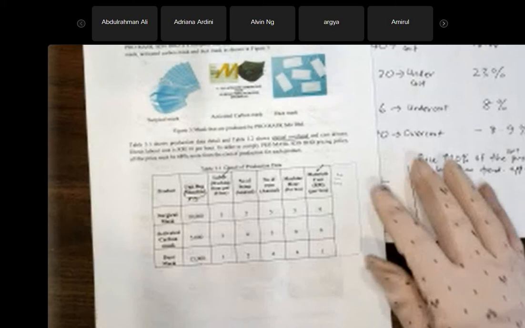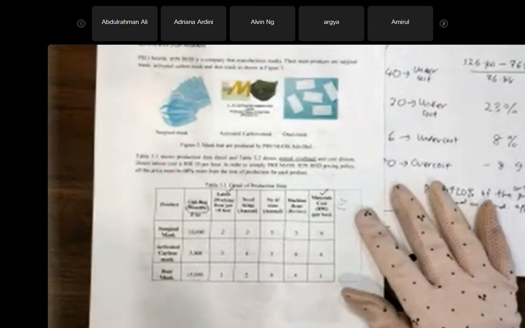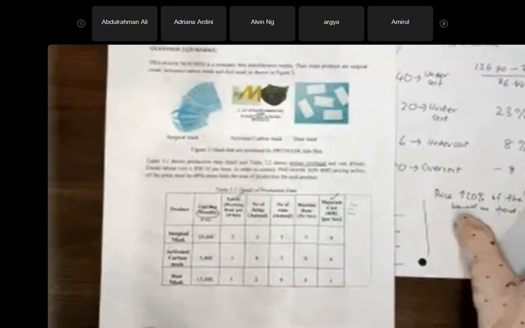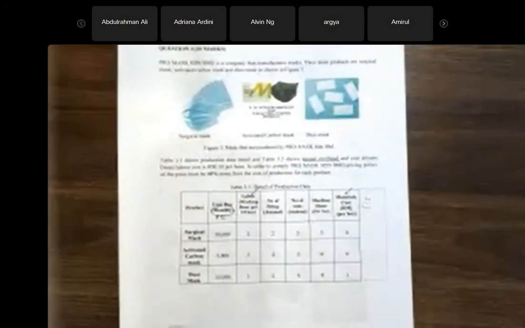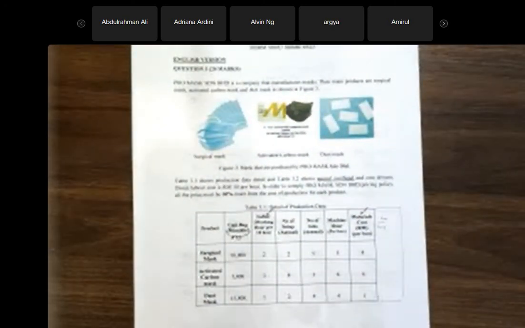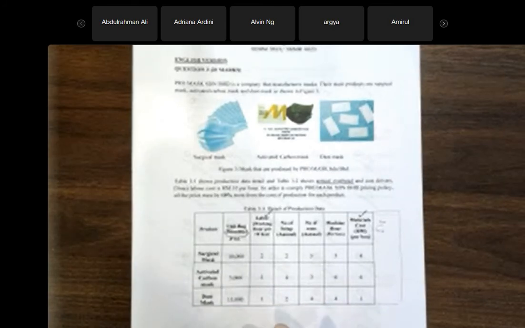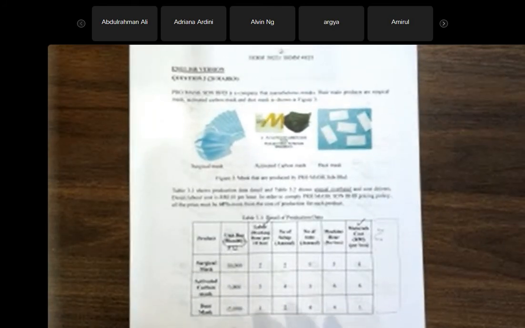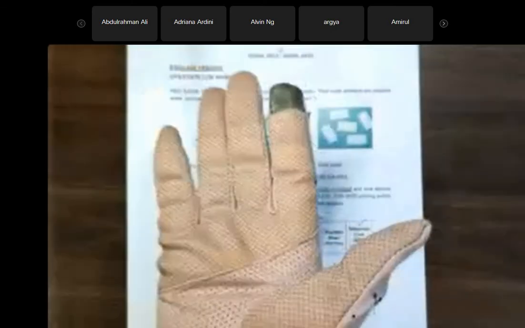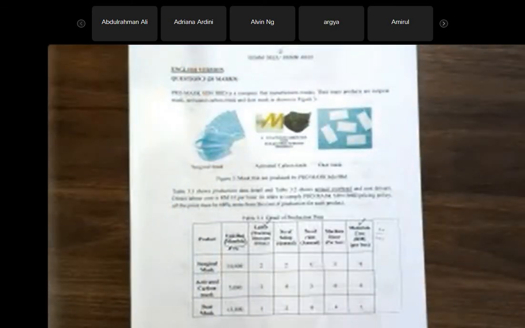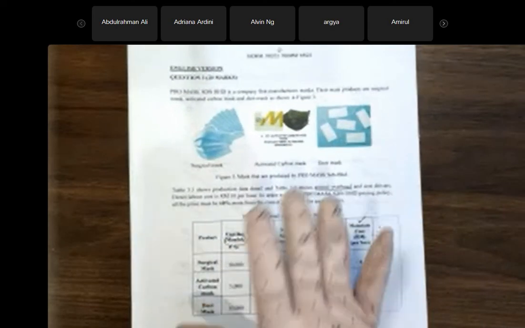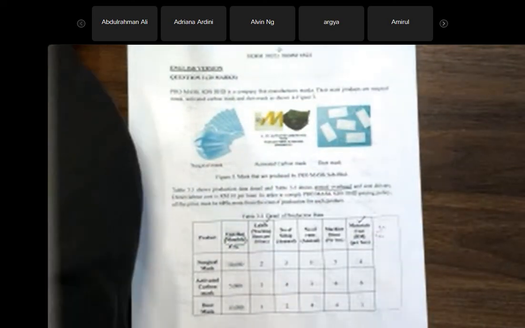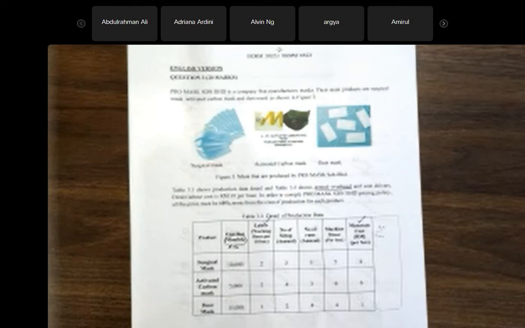Can you see the question here? Can you see the question? Ataupun you just take from the e-learning. Yang tu very clear lah kan. Yeah. Tak clear kan?